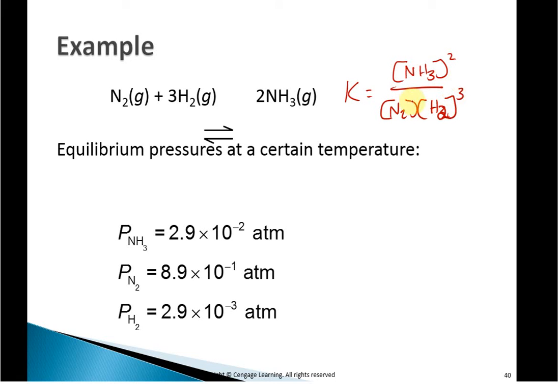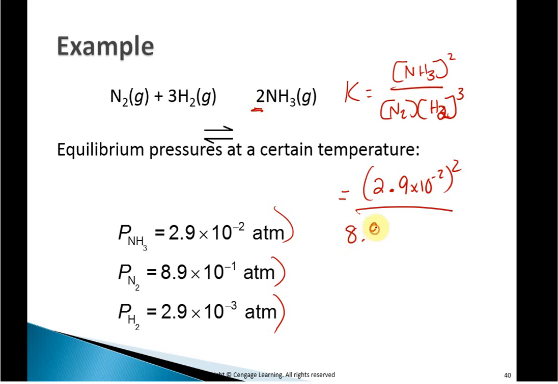Now, we aren't given molarity, we're given atmospheres. Doesn't matter, you can actually plug them in just as they are. So you get 2.9 times 10 to the minus 2, that is going to be squared because of this coefficient, over 8.9 times 10 to the minus 1 times 2.9 times 10 to the minus 3, and that is cubed.